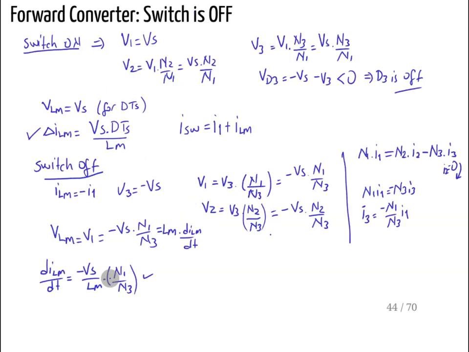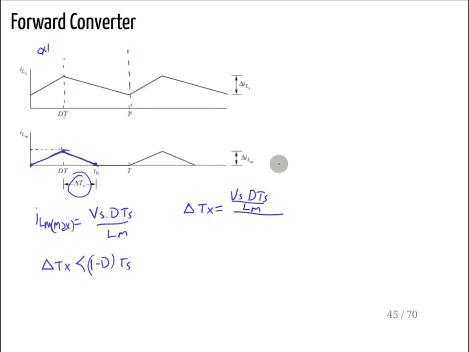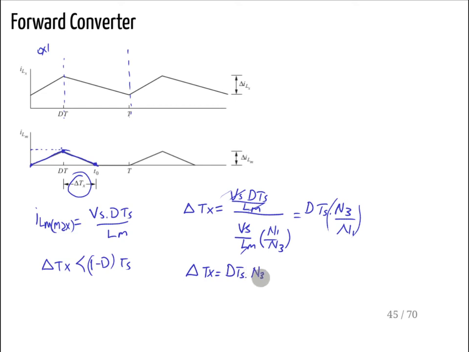Again, this is reducing, so that's going to be a minus, but I'm not going to write the minus term. Vs divided by Lm times N1 over N3, so that cancels, giving dTs times N3 over N1. Okay, so delta Tx is equal to dTs times N3 over N1, and that should be okay.